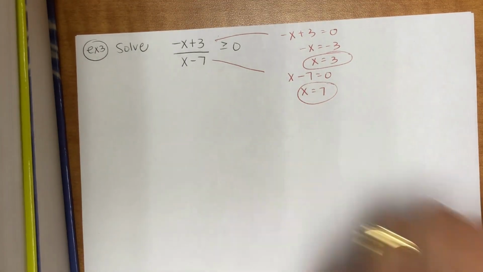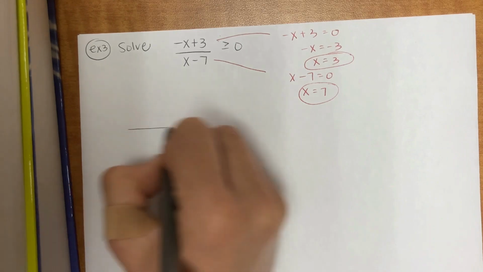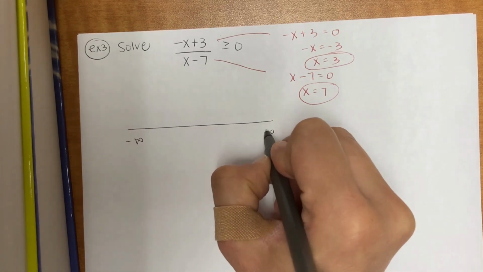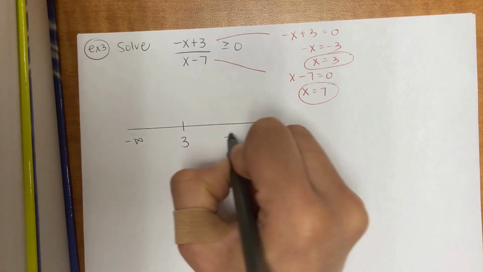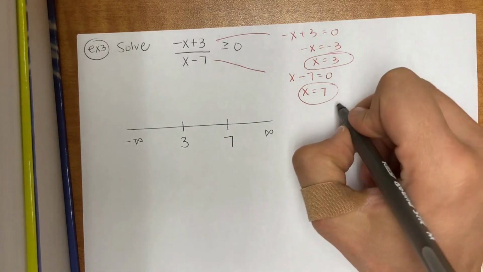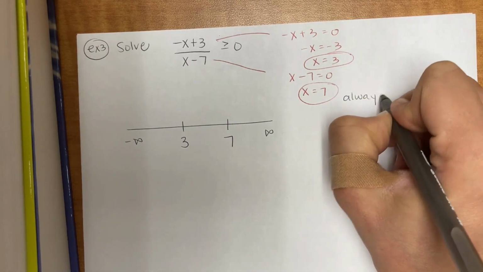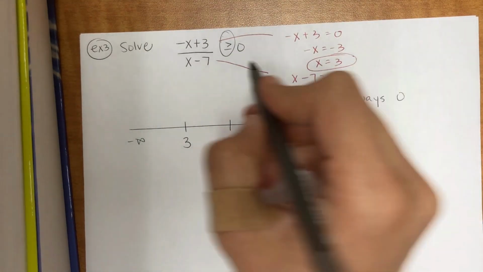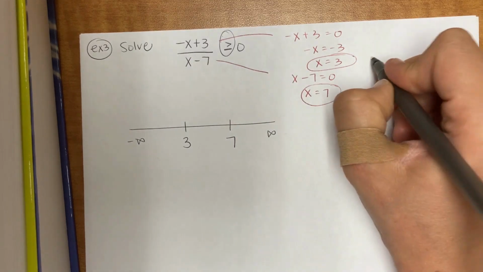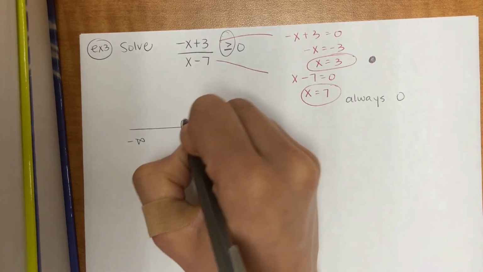Step number 4, plot on a number line. But make sure you put them in the right order. 3 comes before 7. The bottom is always an open circle, but the top depends on whatever this symbol is. And since that's a greater than or equal to, this is going to be a closed-in dot.